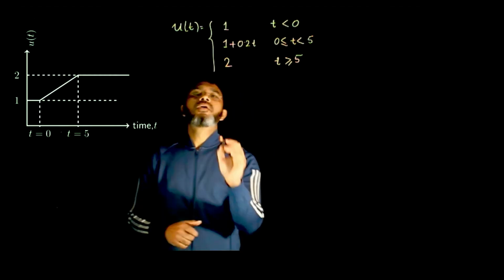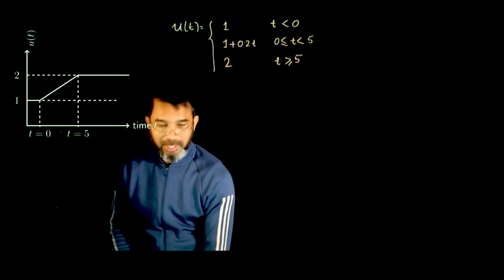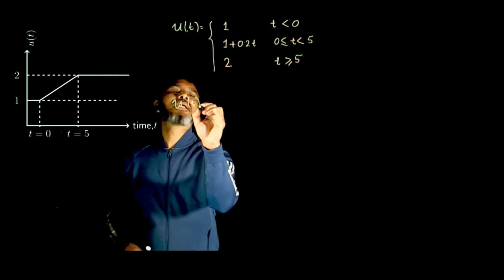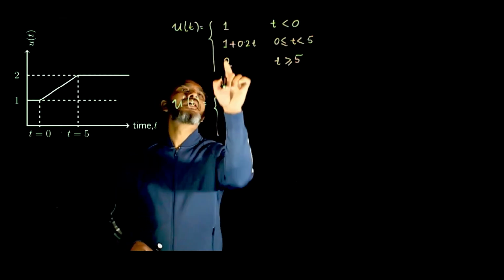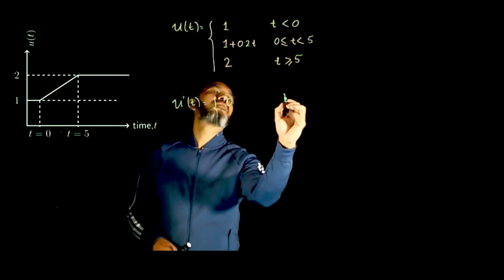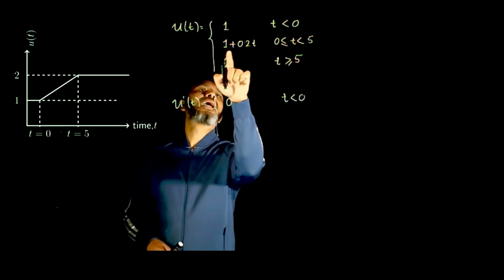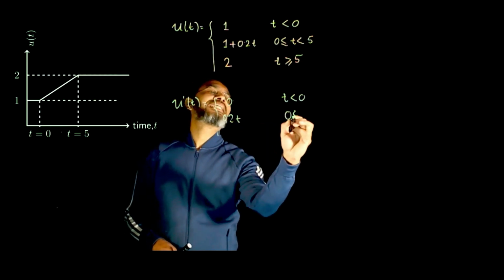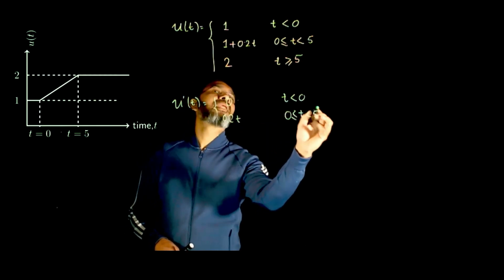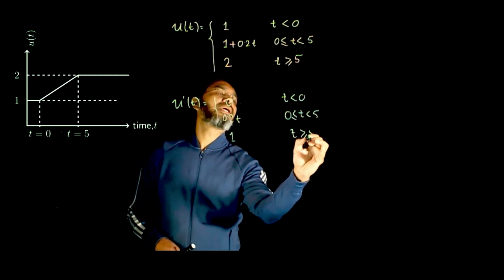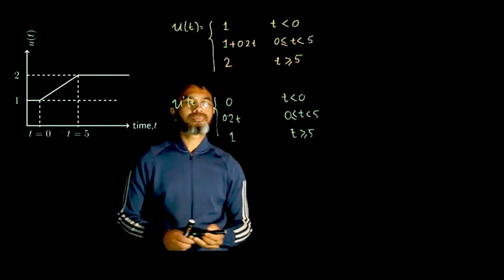In the deviation form of the signal, we subtract the value before time 0, so u prime t is 0 for t less than 0, 0.2t for t between 0 and 5, and 1 for t greater than or equal to 5.